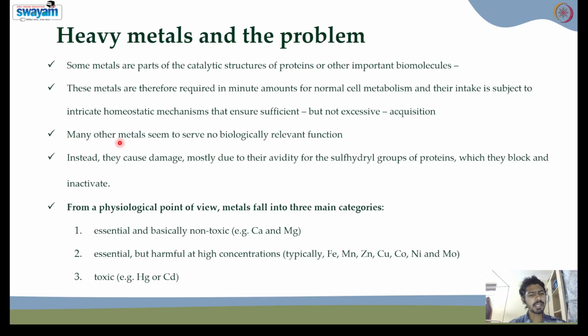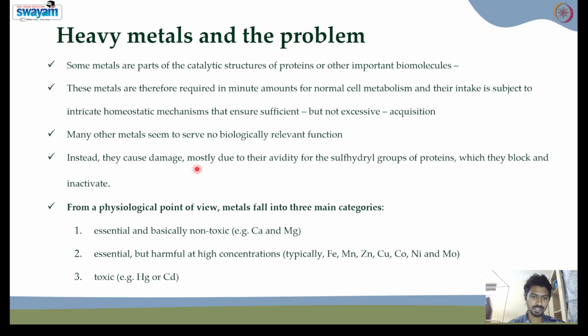But some metals don't have any biologically relevant function. For example, metals like mercury or cadmium don't have any role in biological function. Even a very minute quantity at the ppm level will cause drastic toxicity to humans.